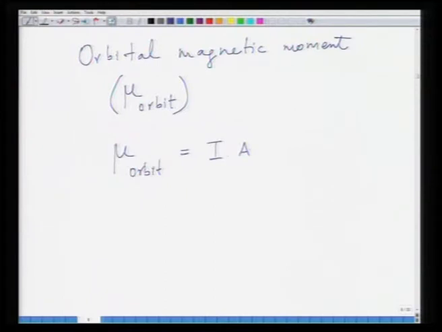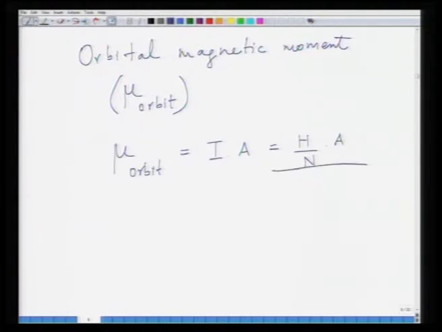You can see that there is a relation to field as well, because we know H is equal to N into I. So if you replace I by H, it also becomes equal to H divided by N into A, and N was nothing but N divided by L, the number of turns per unit length. So, this has a relation.